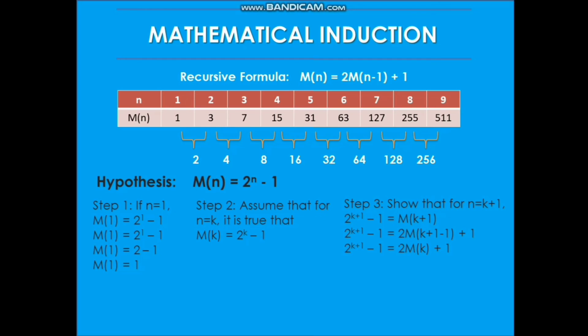Then, yung m of k natin sa step 2, isa-substitute lang natin siya dito. Then, manipulate lang natin. And we got 2 raised to k plus 1 minus 1. Which is equal siya sa ating equation sa left side. So, that's it. We can conclude now that we can find the least number of moves of any n disk using our formula 2 raised to n minus 1.